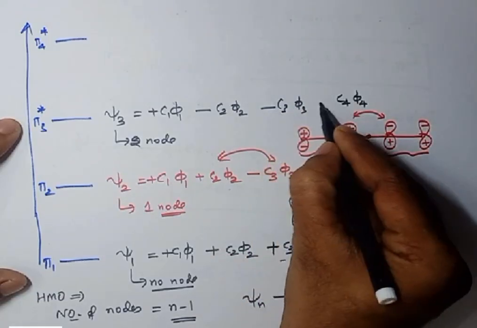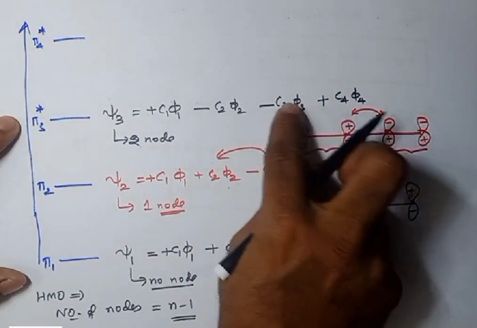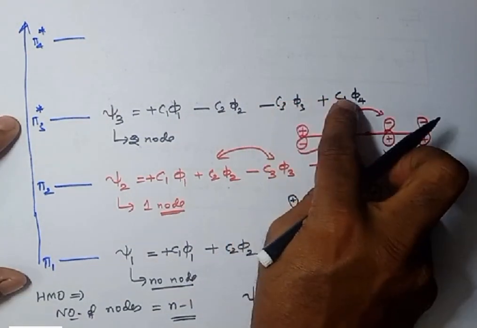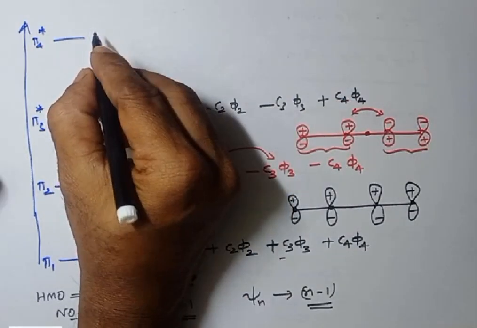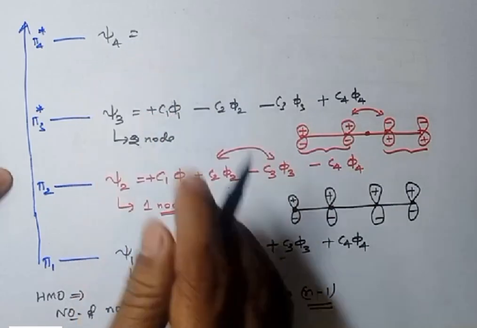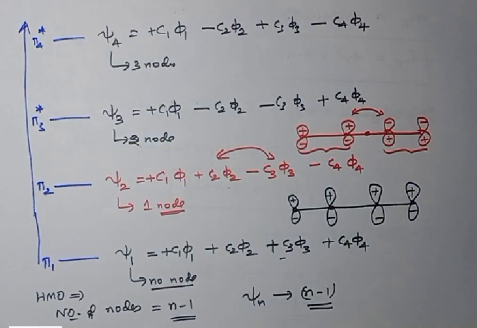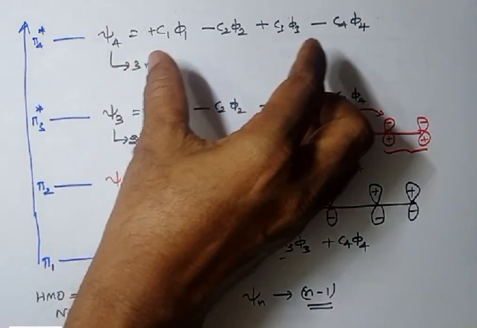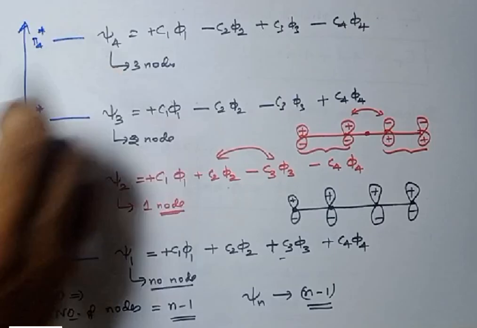If this is minus, this should be plus, which means there is a node between carbon 3 and carbon 4. Is this clear to all? You tried to find out Psi4. Yes. So this is the molecular orbital scheme for the pi 4 star molecular orbital.